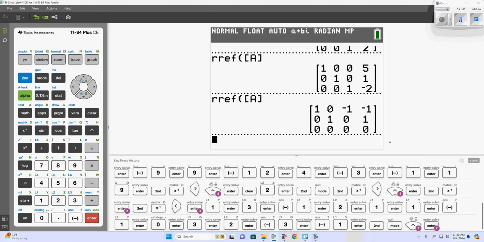The last row is what? All zeros, yes? Which is telling us what? All the variables became 0, and it's equal to 0, so this is all real, or infinitely many solutions. Because if we get that row where it is all zeros, it's infinitely many. Does that make sense?